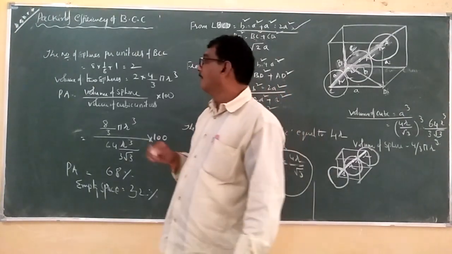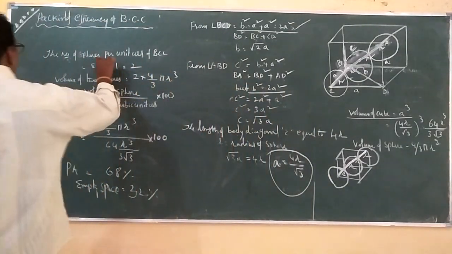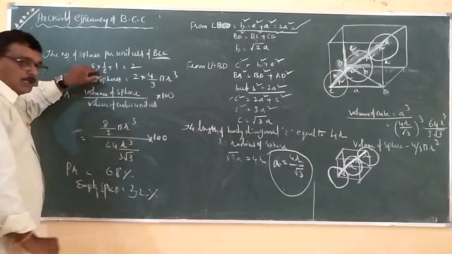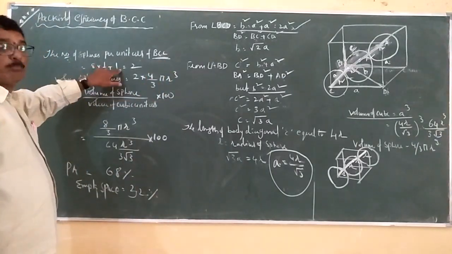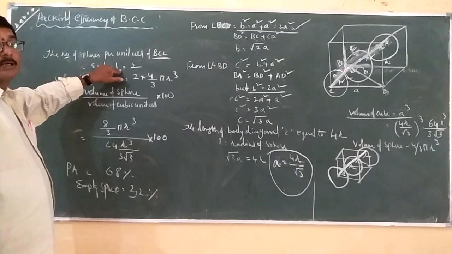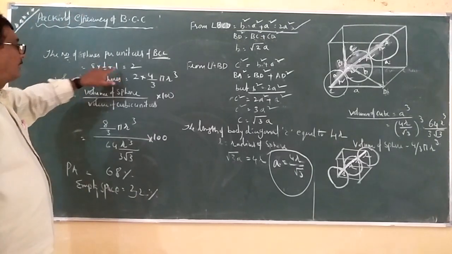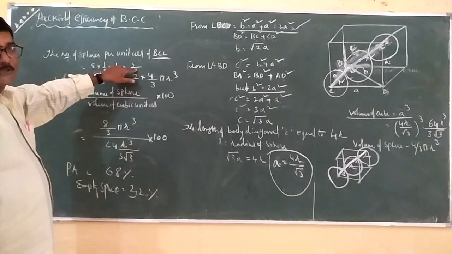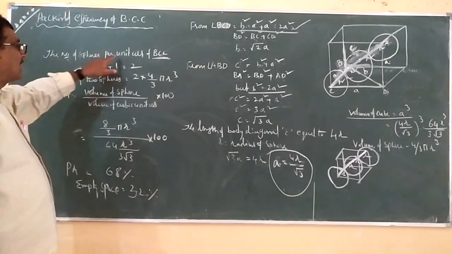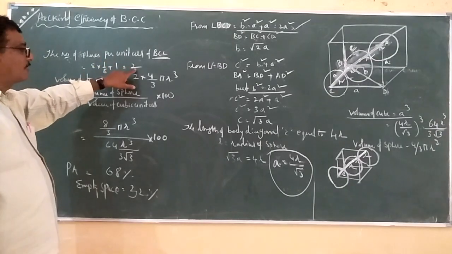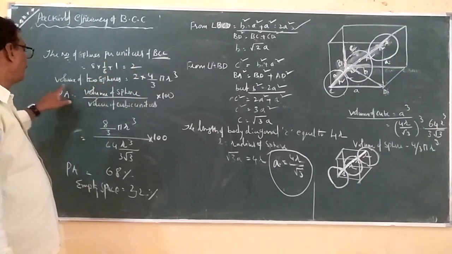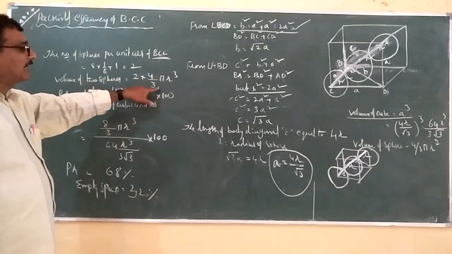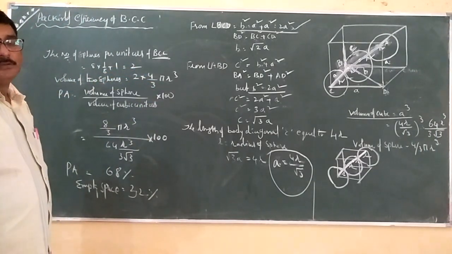But here, very important, the number of spheres per unit cell of BCC is corners plus body centered: 8 into 1 by 8 plus 1 is equal to 2. Therefore, volume of 2 spheres is 2 into 4 by 3 pi R cubed.